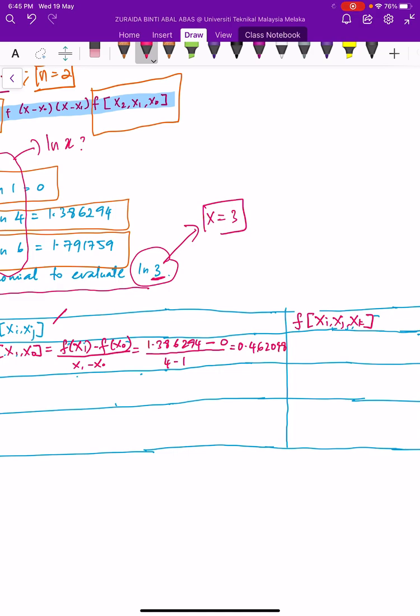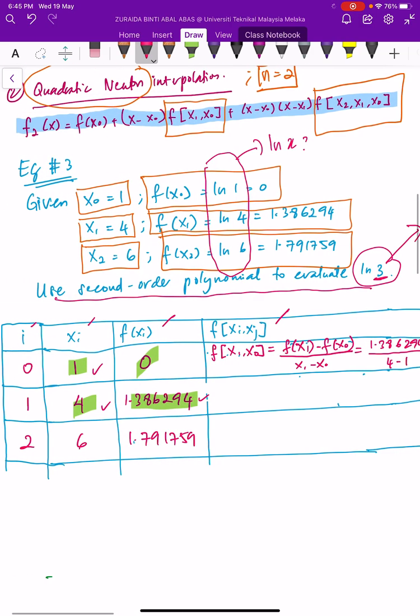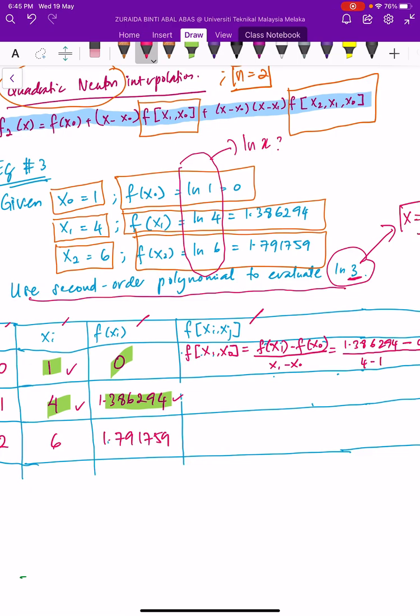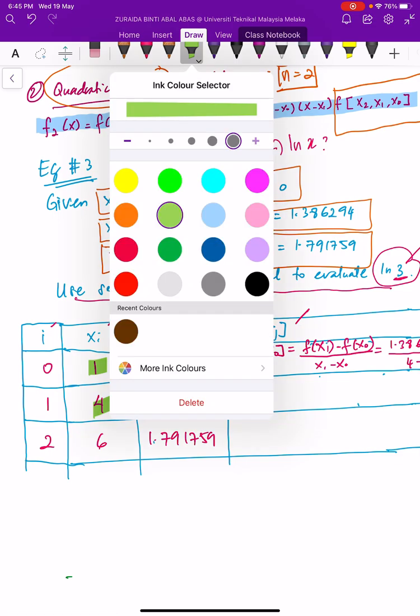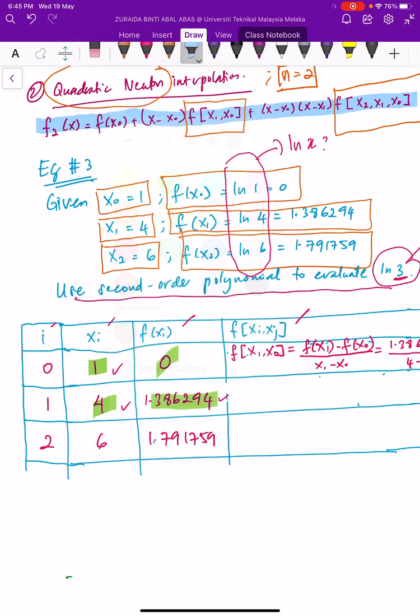Now let's move on to the next first divided difference, but this time it's going to involve these two values, so the points will be 6 and 4.